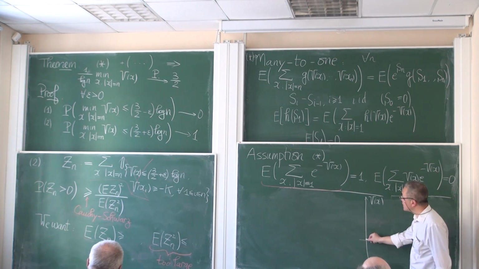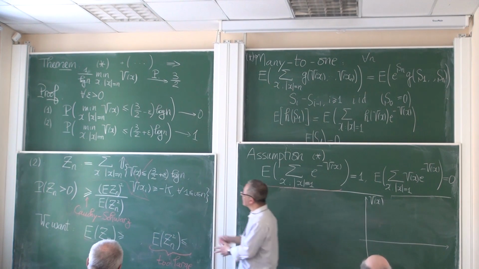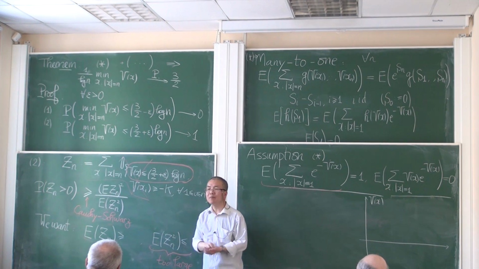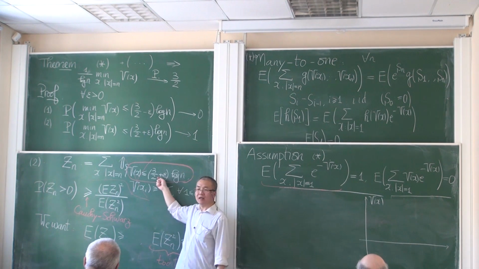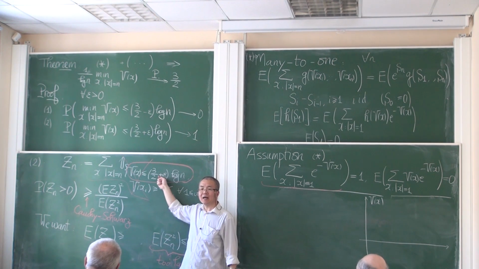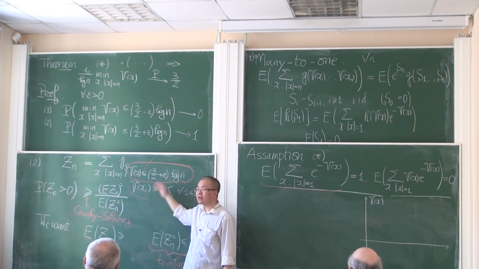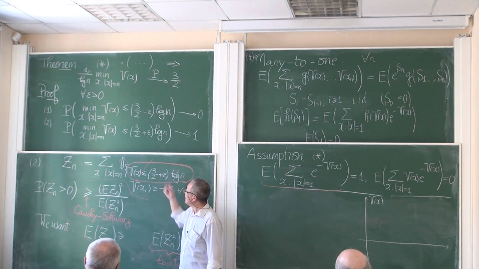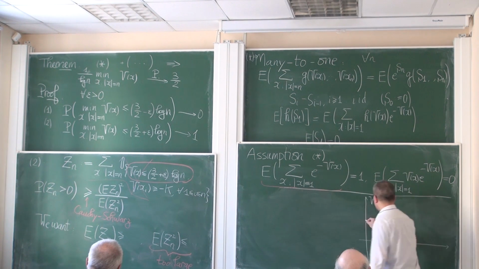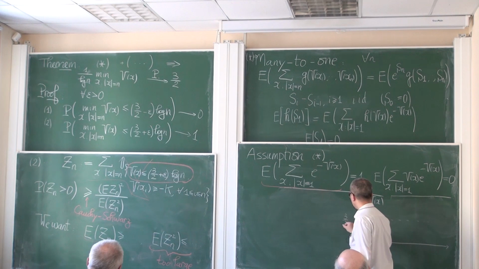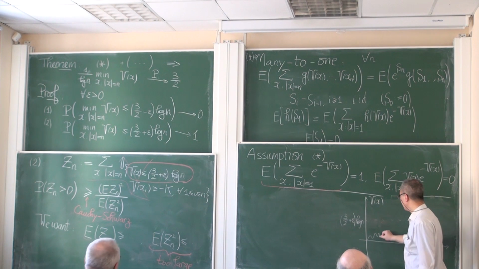What I really want is the first part. I want to count the number of particles such that their positions are below this 3/2 times log n. The rest I don't care about at all. So this is essential. I put it here: 3/2 plus epsilon times log n.